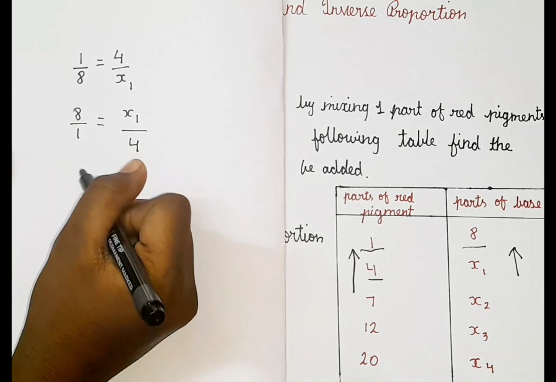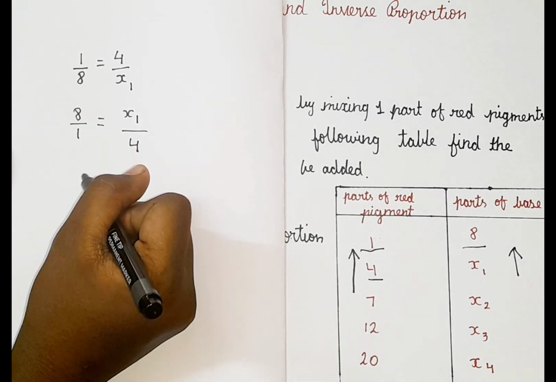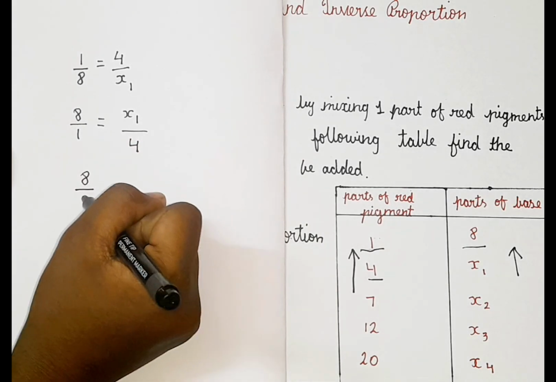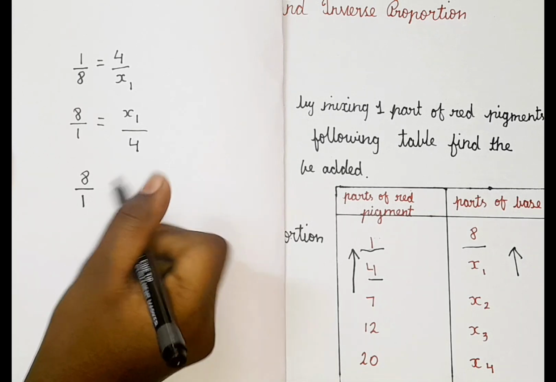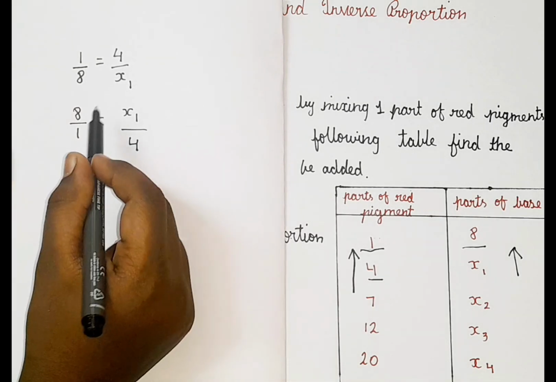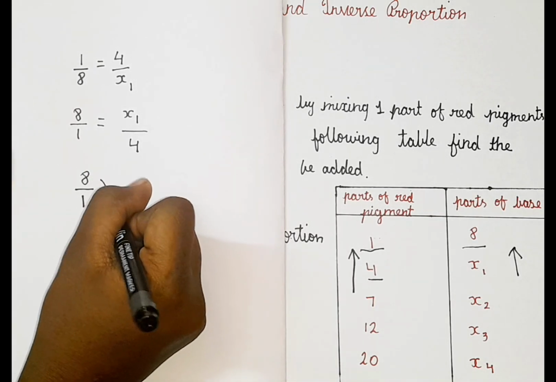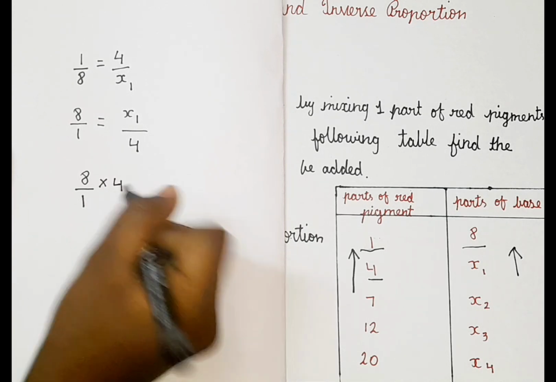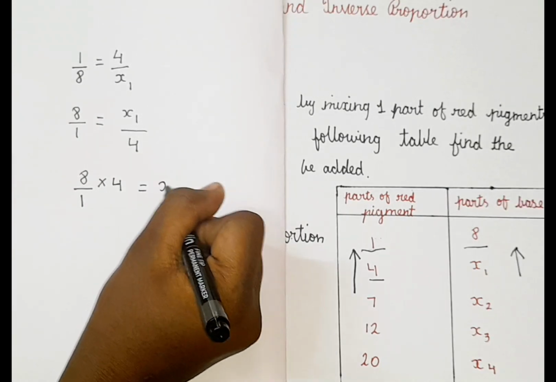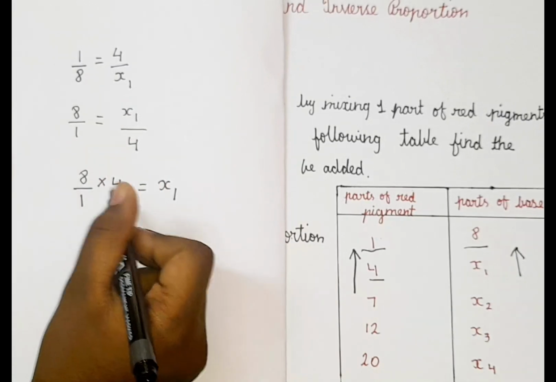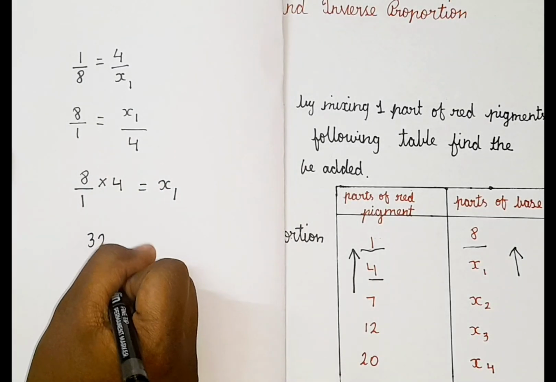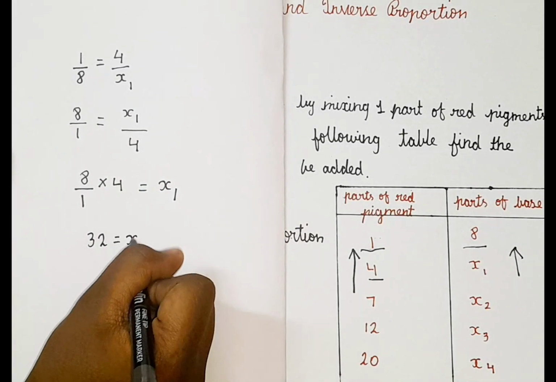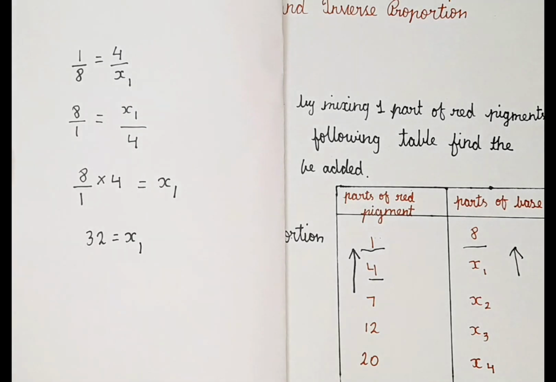Now you can say I can move the 4 to the other side, so it will become 8 by 1 into 4 is equal to x1, because when division goes to the other side it becomes multiplication. So 8 4s are 32. So 32 is equal to x1. Finally we found the value of x1.